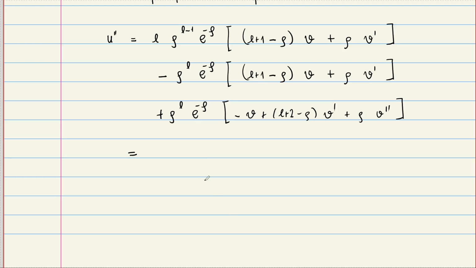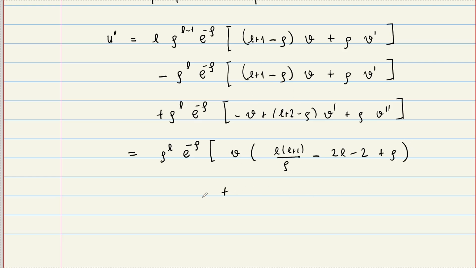Okay, let me collect things. So I want to write it like rho to the L e to the minus rho. So there is like a v term. So v term is L, L plus 1 divided by rho, right? There's L plus 1, and I take one rho inside. So this is minus 2L minus 2 plus rho.